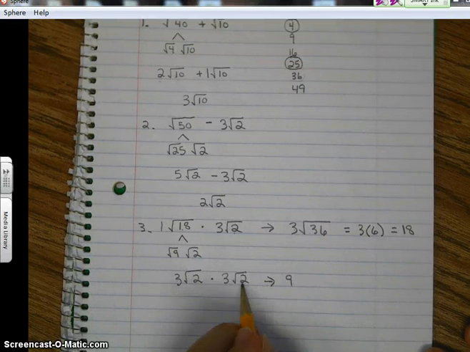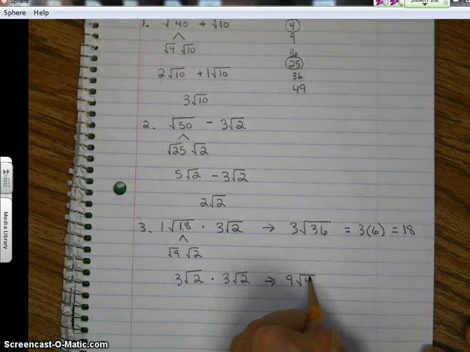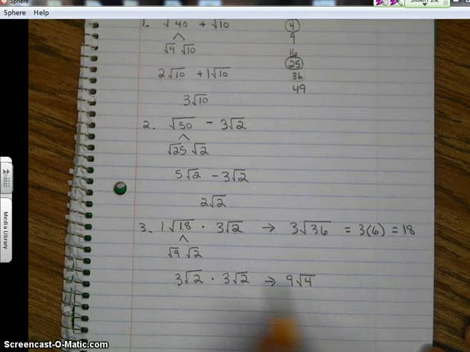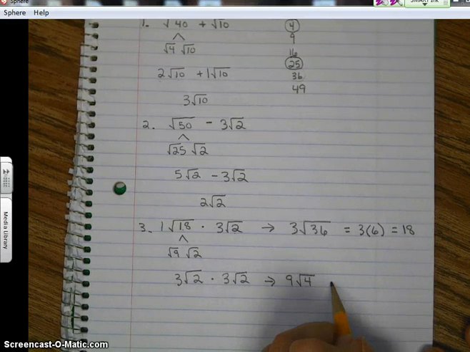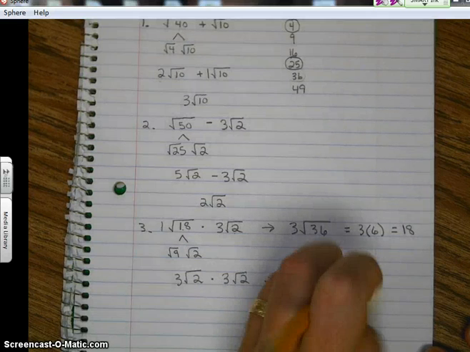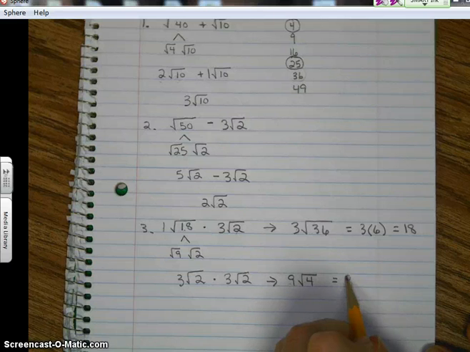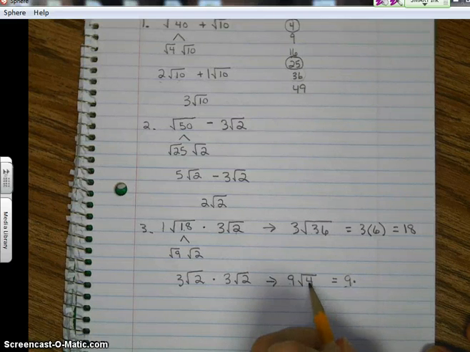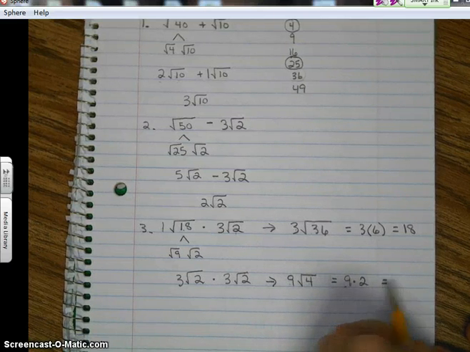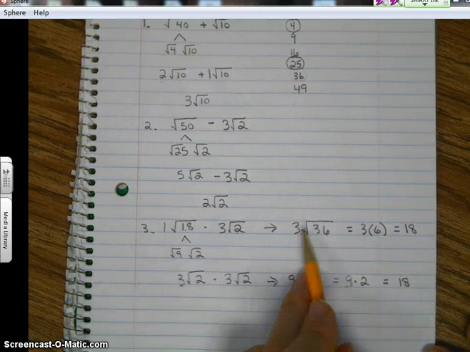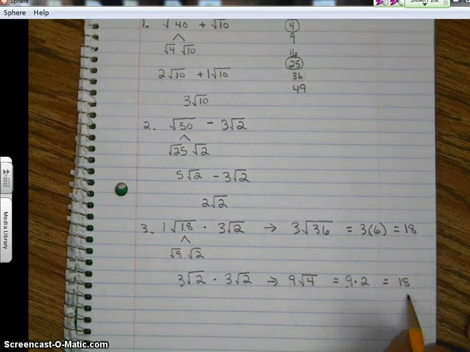Radical 2 times radical 2 is radical 4. And then the square root of 4 is 2. So we have 9 times 2, which gives us 18. So 2 different paths to get the same answer.